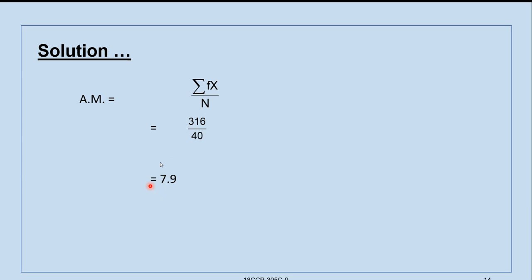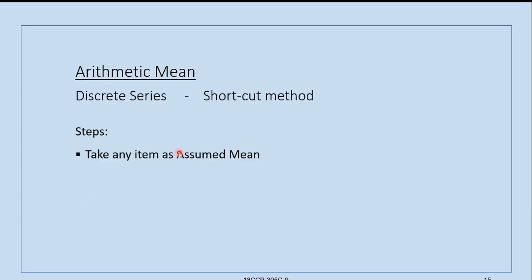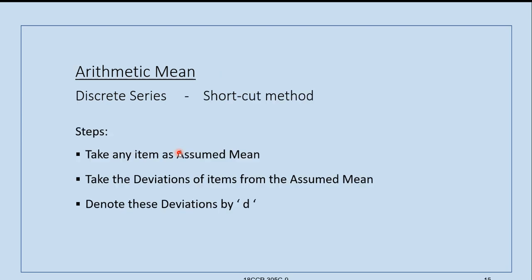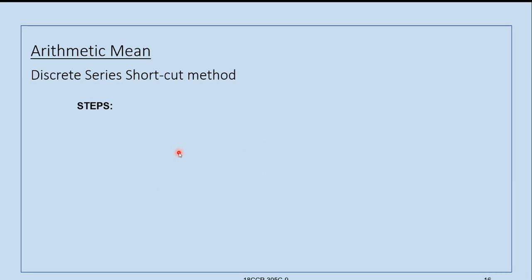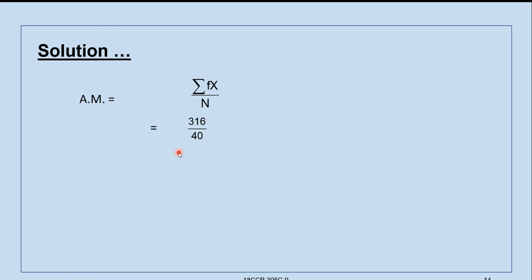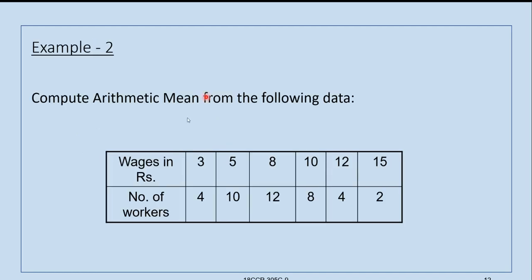Now the arithmetic mean value is 7.9. As I said, it lies between two figures. 7.9 is nothing but 8, so it is lying at 8 exactly.